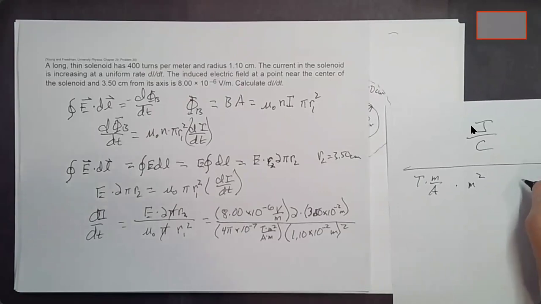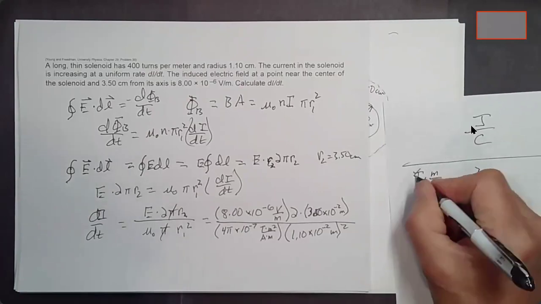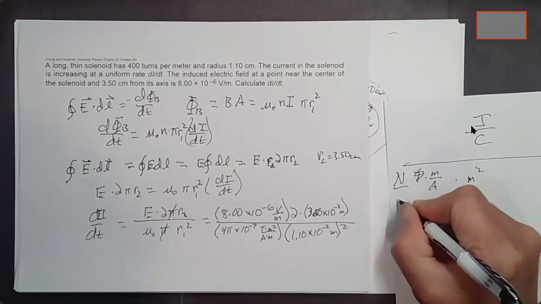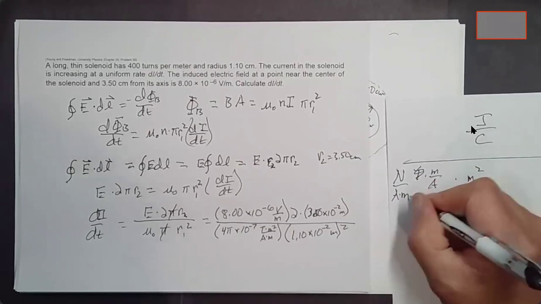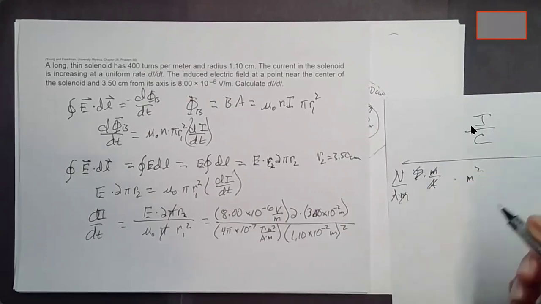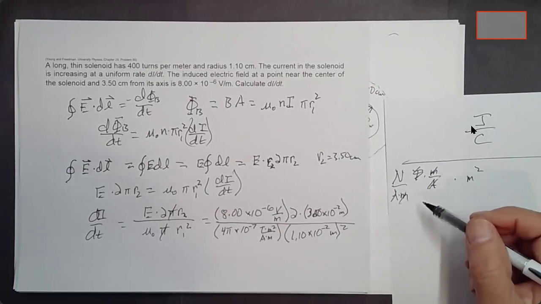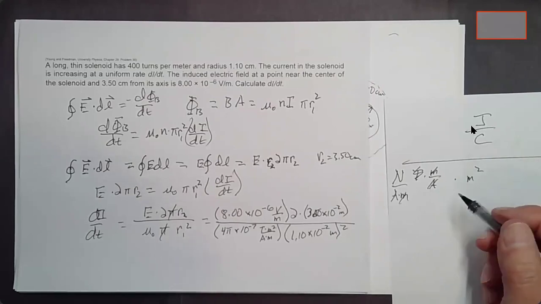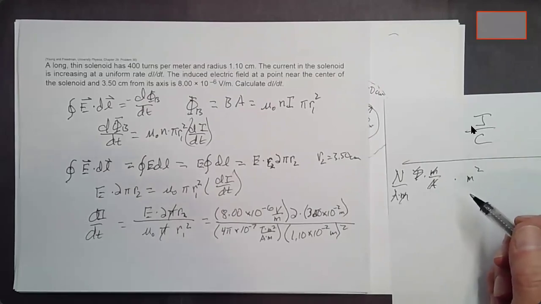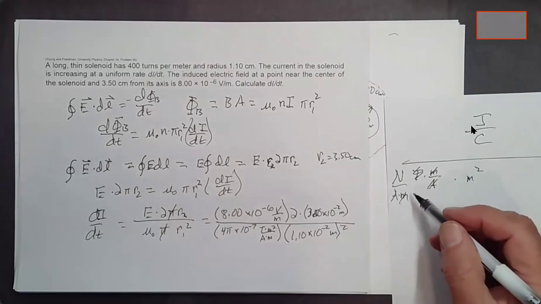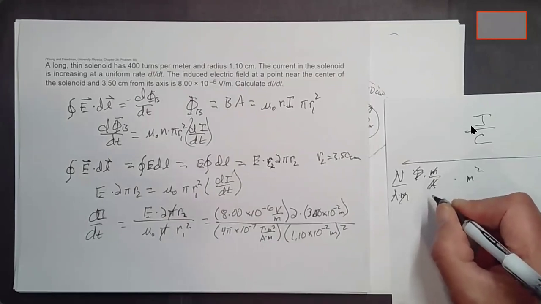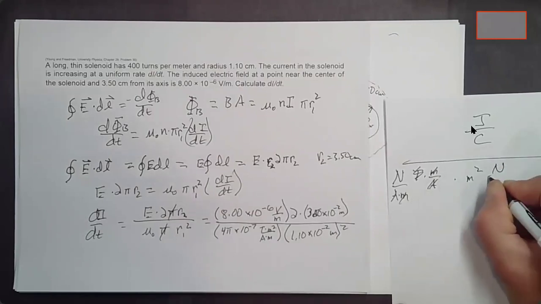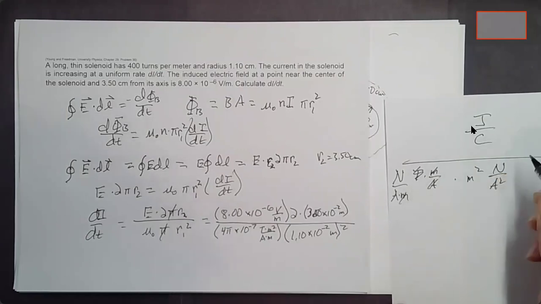But a Tesla is a Newton per amp meter. So a Tesla meter per amp. Let's see, what am I going to have? Whoops, the amps don't divide out. I'll have amps squared on the bottom, newtons per amp squared times newtons per amp squared. I hope.